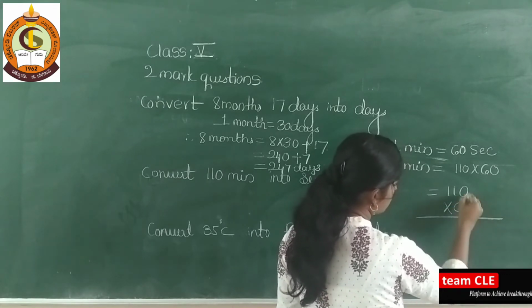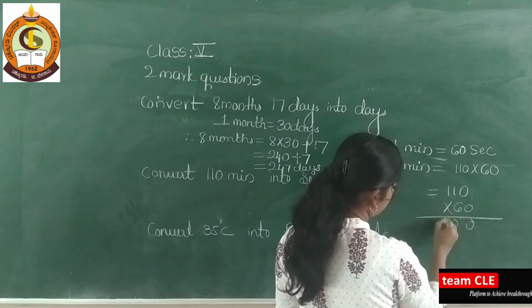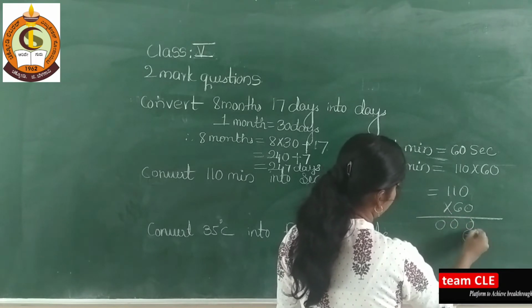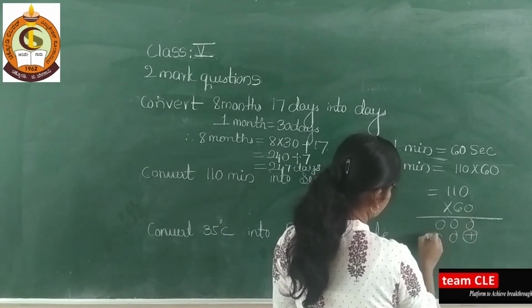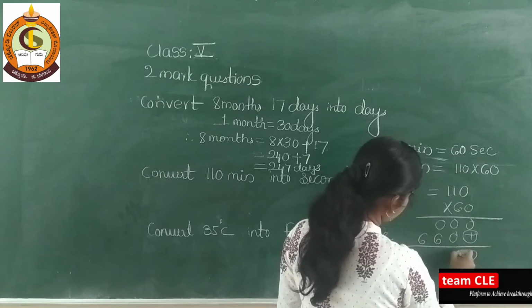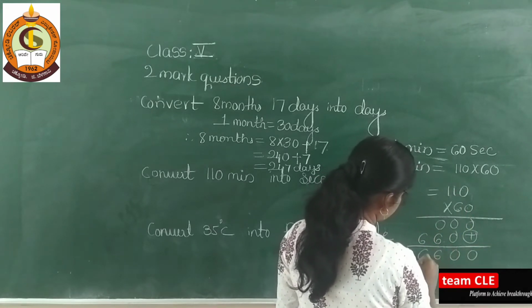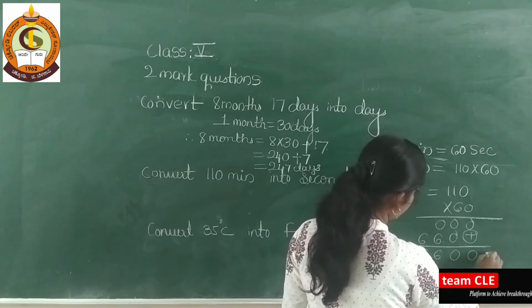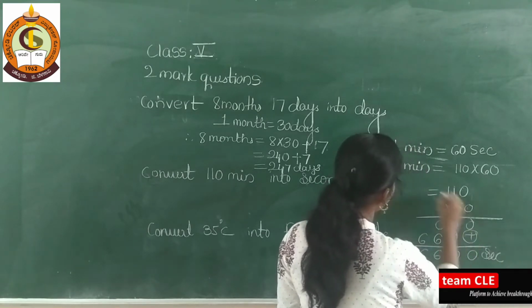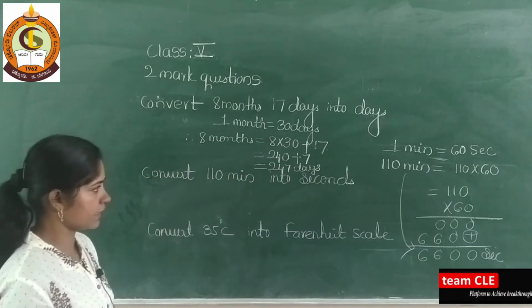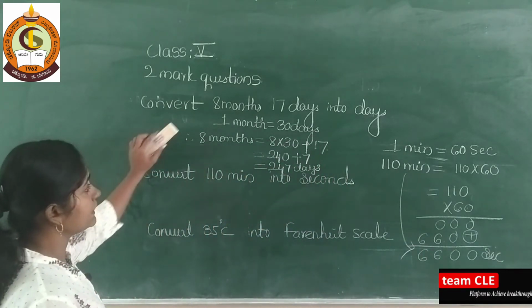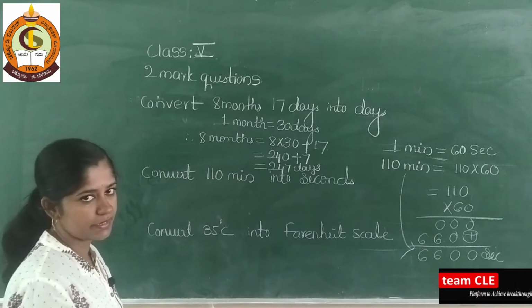So write here 0 0 0. Next you multiply with 6. 6 into 0 0. 6 1s are 6. 0 0 6 6. 6600 seconds. In 110 minutes you get 6600 seconds.